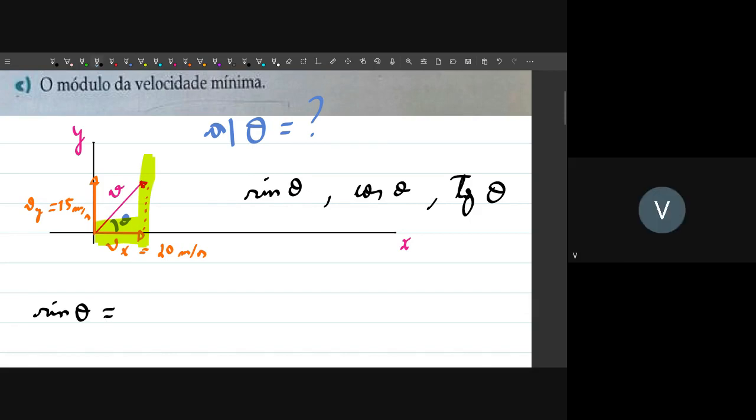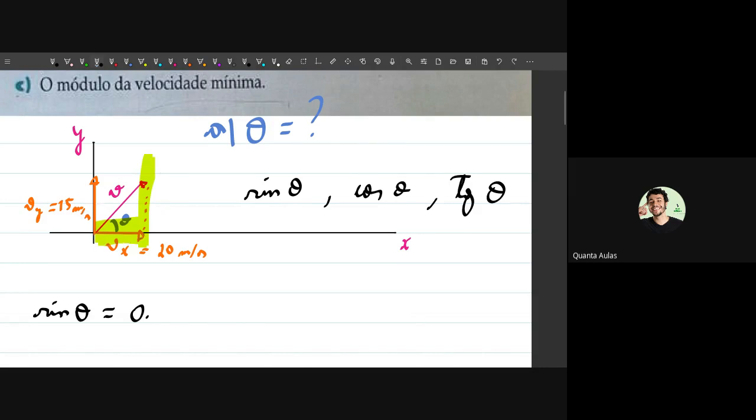Sine theta equals opposite. Cosine. No. This is one of a lot of formulas, but I want the formula of sine, cosine, and tangent that only uses the sides of the triangle.